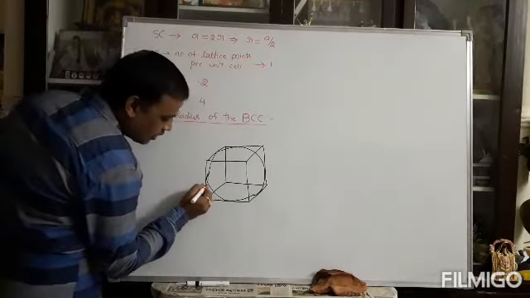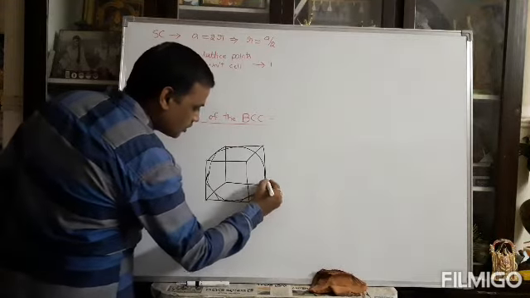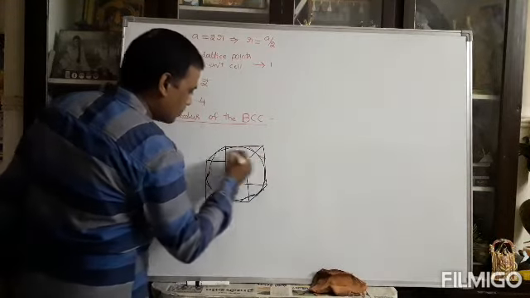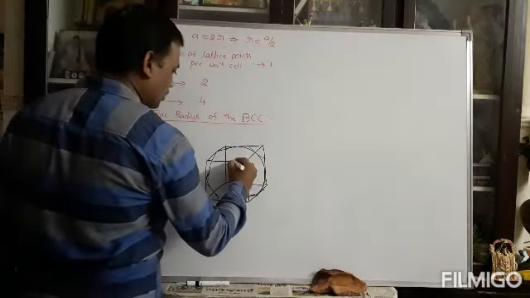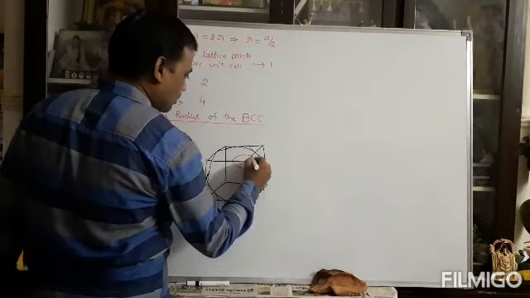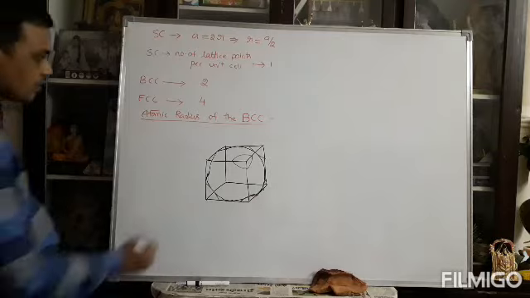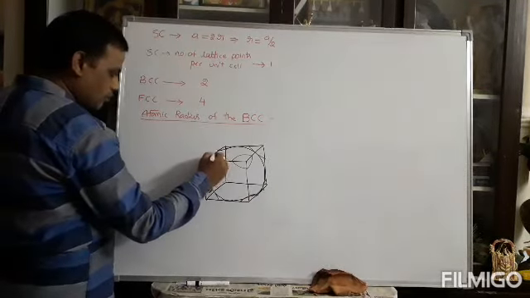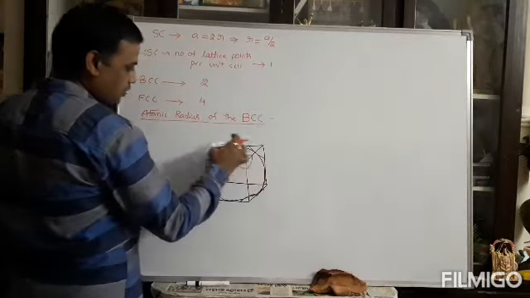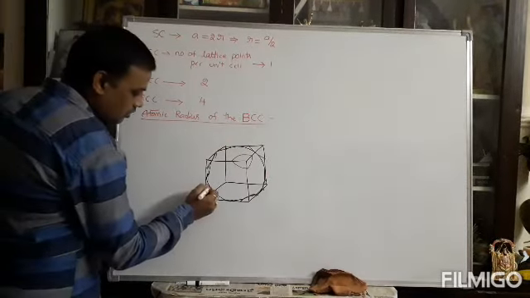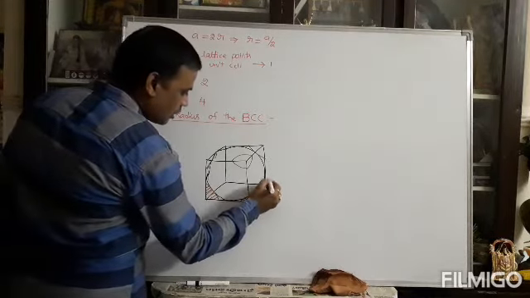Per unit cell, each corner occupies only a 1/8 portion. So here 1/8, here 1/8, 1/8 at each corner. This is the structure. This is also a corner, 1/8, 1, 2, 3, 4, 5, 6, 7, 8. This shaded region is particularly at a corner.